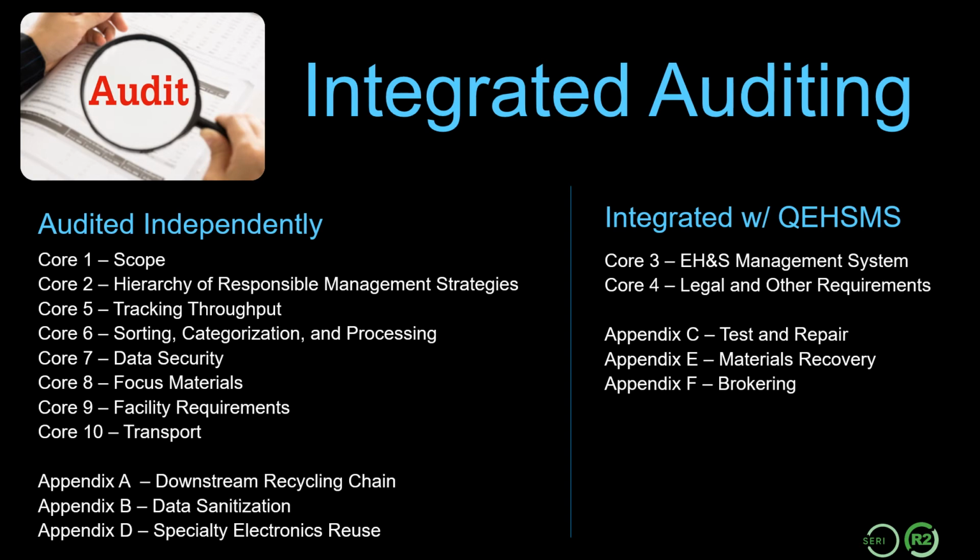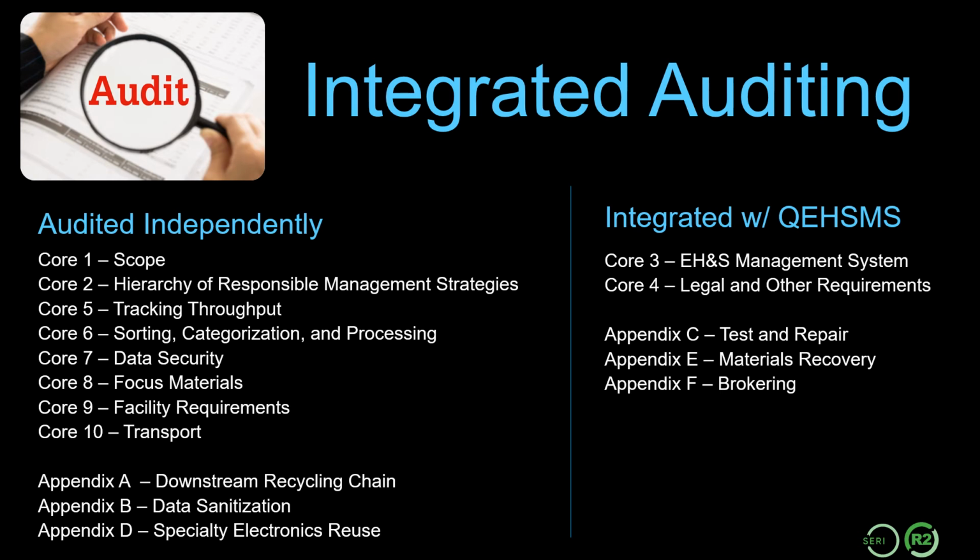Core 1, Scope; Core 2, Hierarchy of Responsible Management Strategies; Core 5, Tracking Throughput; Core 6, Sorting, Categorization, and Processing; Core 7, Data Security; Core 8, Focus Materials; Core 9, Facility Requirements; Core 10, Transport; Appendix A, Downstream Recycling Chain; Appendix B, Data Sanitization; Appendix D, Specialty Electronics Reuse.